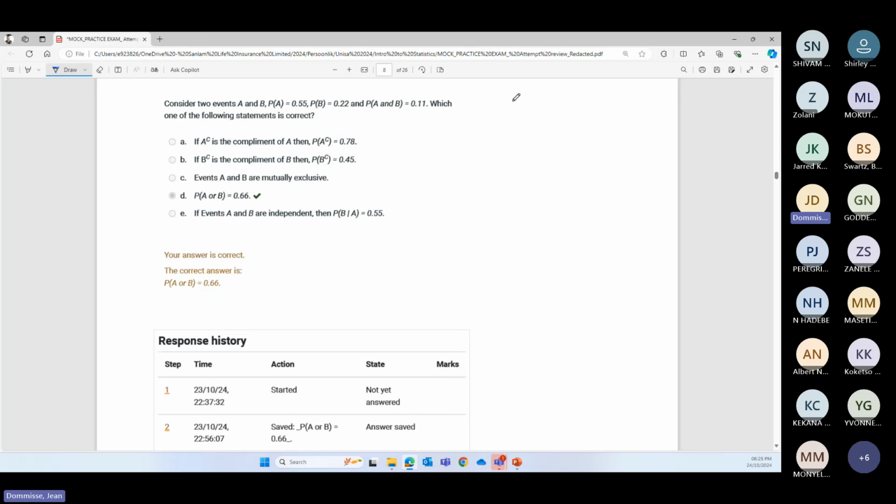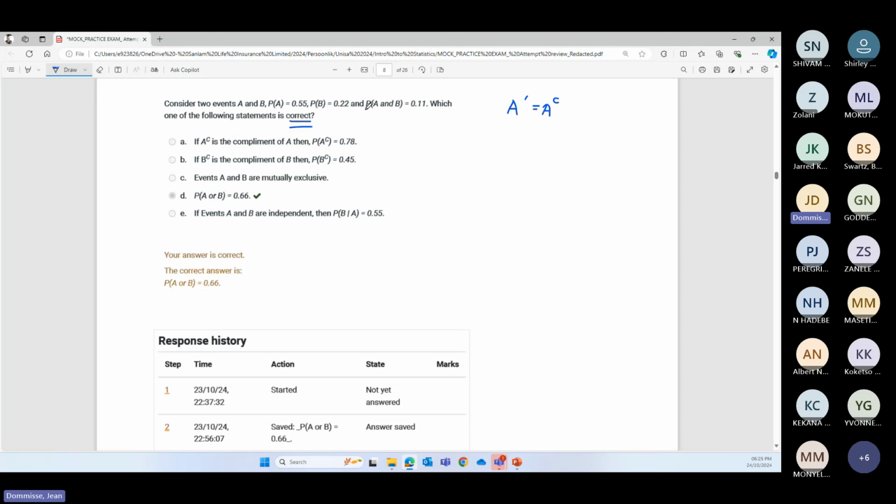Sometimes we use the complement as that sign, and in some books it's A^C. But let's see: consider two events, A and B. Probability of A is that, probability of B is that, A and B is equal to that. Which of the following statements is correct?